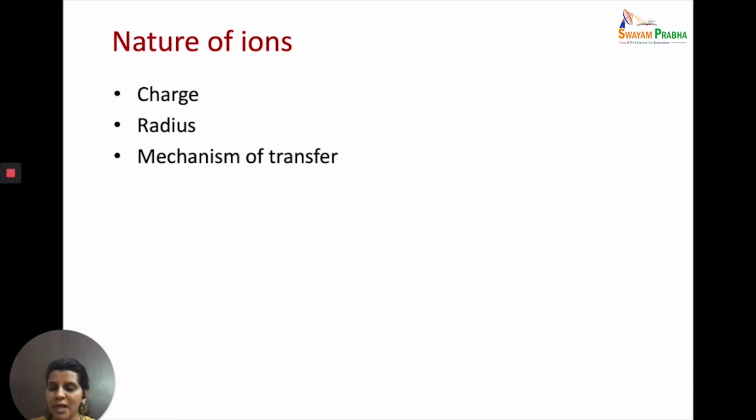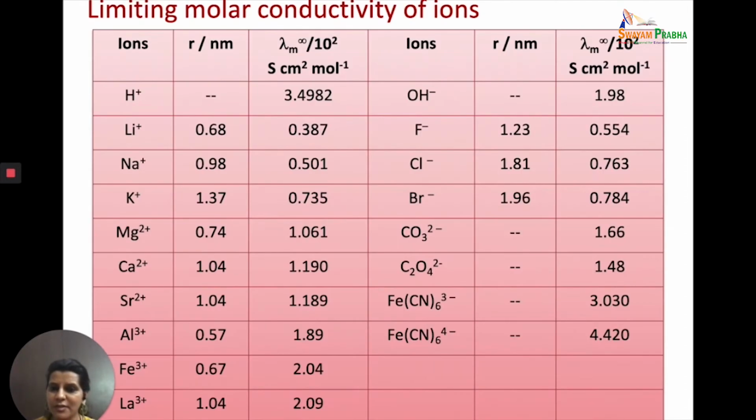We will look at how this is explained. Then some of the ions, like we have talked about, H+ and OH-, have a different mechanism of transfer as compared to the other ions, which will result in a value of molar conductivity which is very different from the other ions. So let's start with this.